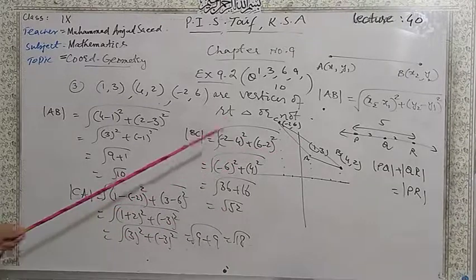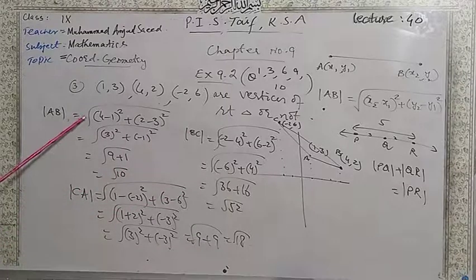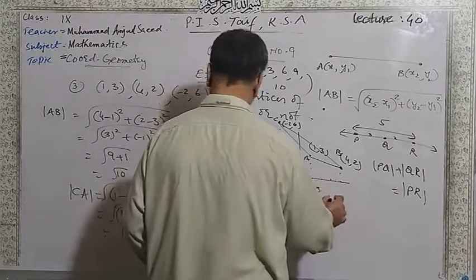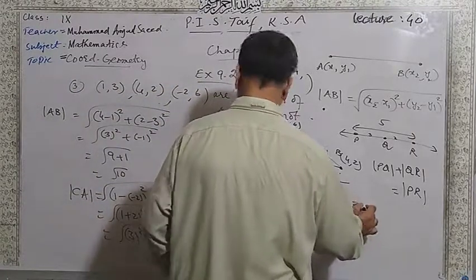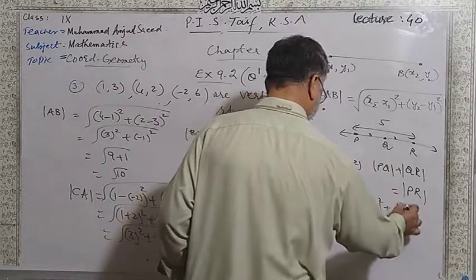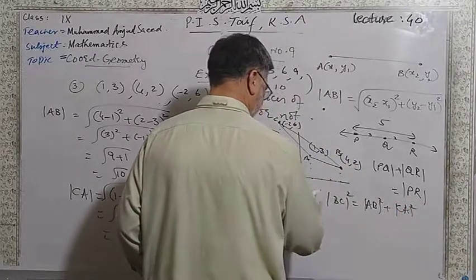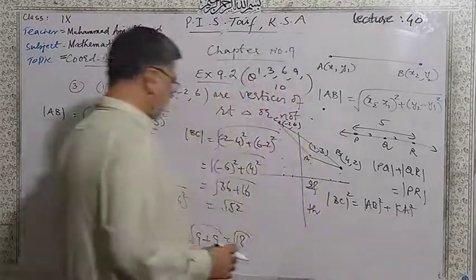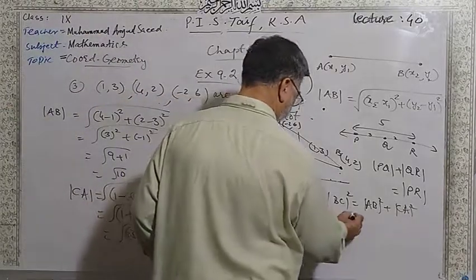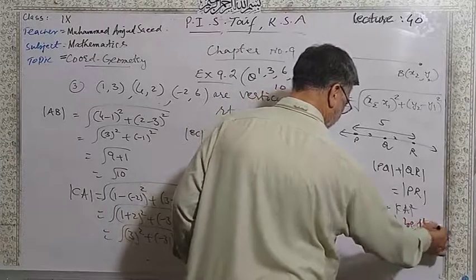If it is to be a right angle triangle, then |BC| square must be equal to |AB| square plus |CA| square. If |BC| square is equal to |AB| square plus |CA| square, then triangle ABC will be a right triangle.